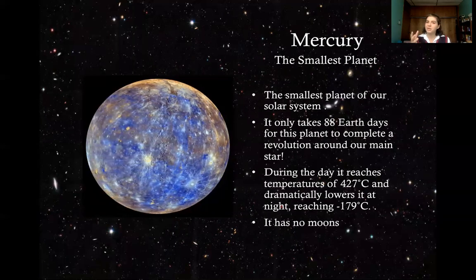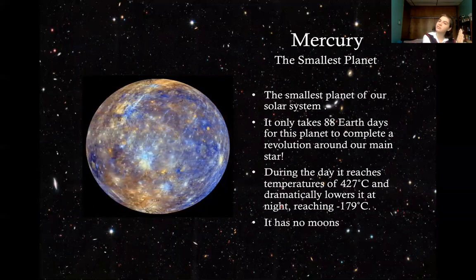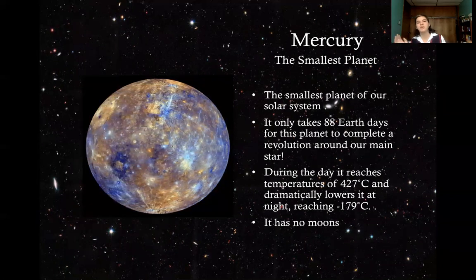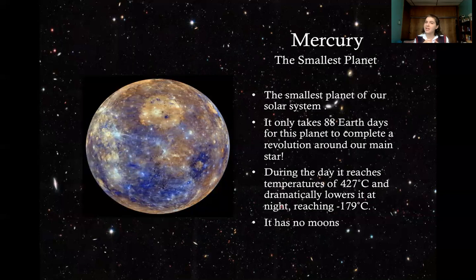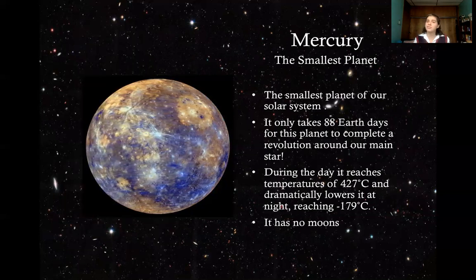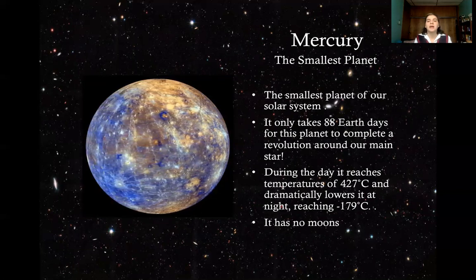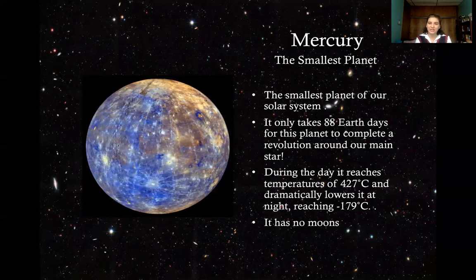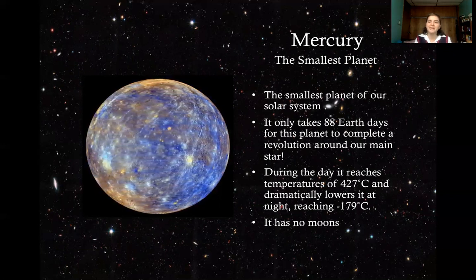Let's start with Mercury. We're going to see the planets from closest to the sun to farthest away. So Mercury, we call it the smallest planet because in comparison to the size of the other planets, it's the smallest. It takes 88 Earth days for this planet to complete a revolution around our main star.